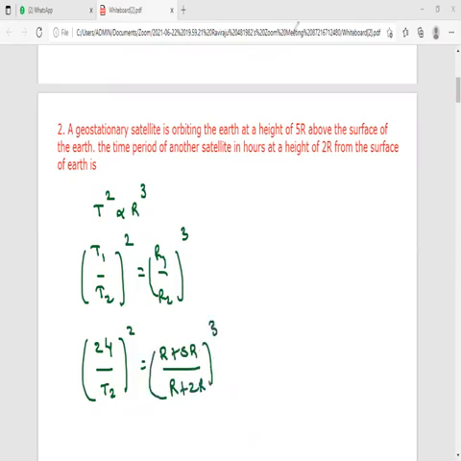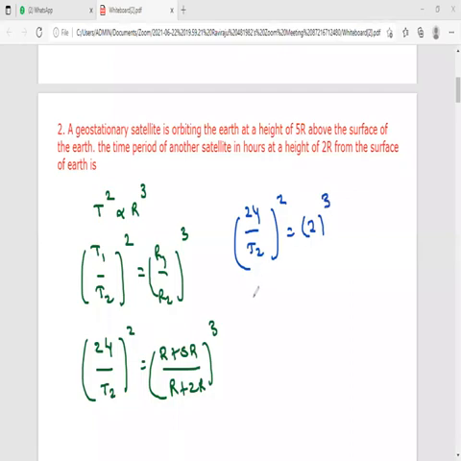Now you can just solve this equation. So 24 by T2 whole square equal to R plus 5R will be 6R, in the denominator it will be 3R. 6R by 3R, R and R will get cancelled. 6 by 3 will be 2, that will be 2 cube.